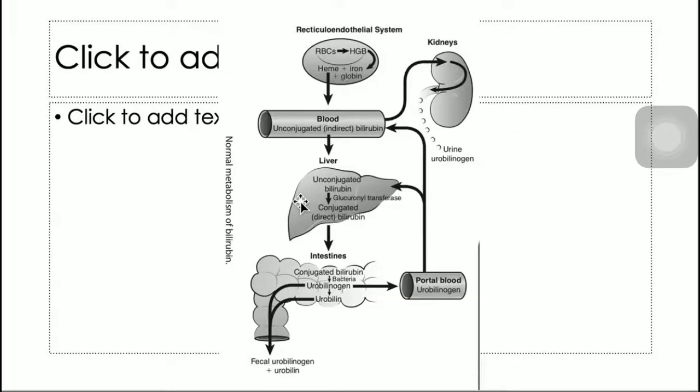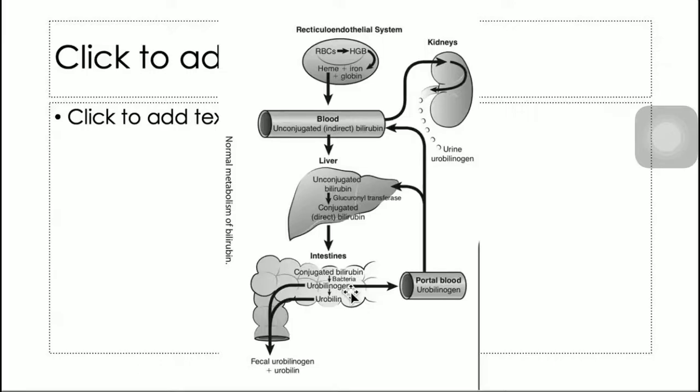And then it will be incorporated now to the bile, yung B2, and then it will move to the intestine. In the intestine, meron po siyang presence ng mga intestinal bacteria which will reduce your conjugated bilirubin para maging urobilinogen.